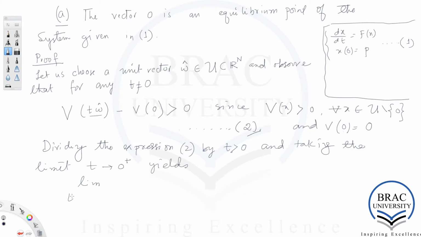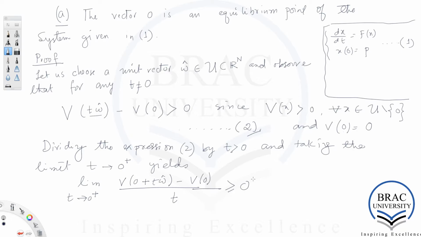We divide it by t, and as soon as we take the limit, this is no longer strictly greater than, it's greater than or equal to now. We can rewrite t omega hat as 0 plus t omega hat, so that we compare the expression with the definition of directional derivative, and we divide it by positive t, and this is going to be greater than or equal to 0 now.